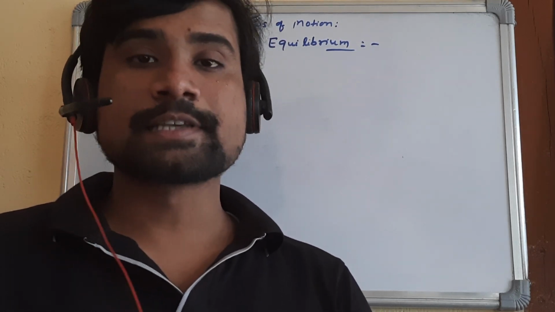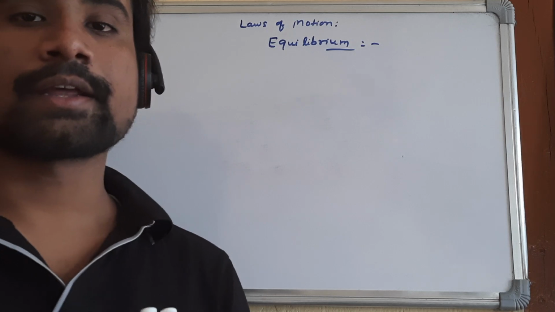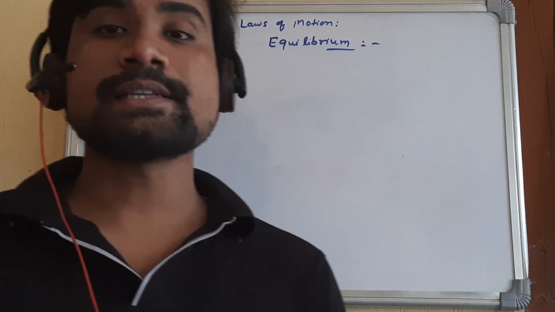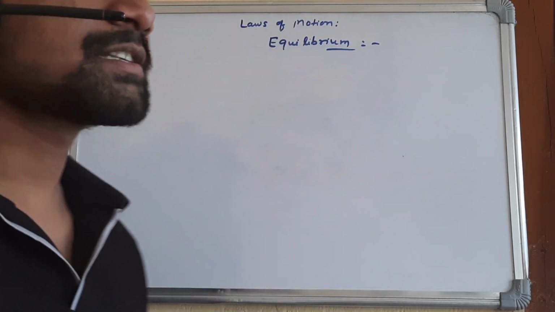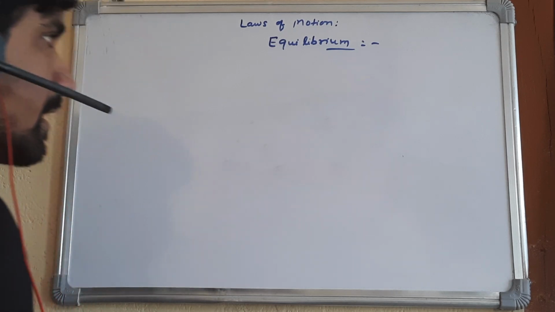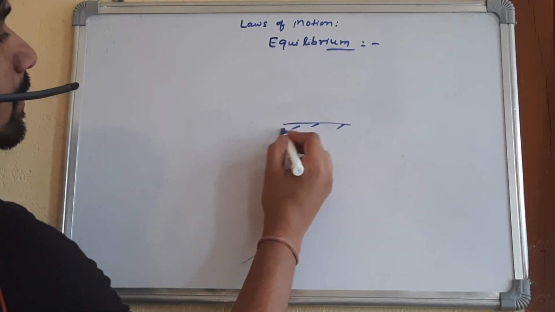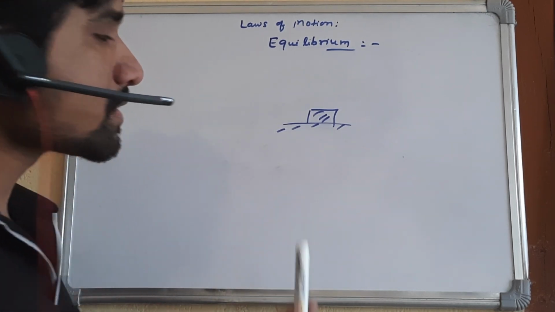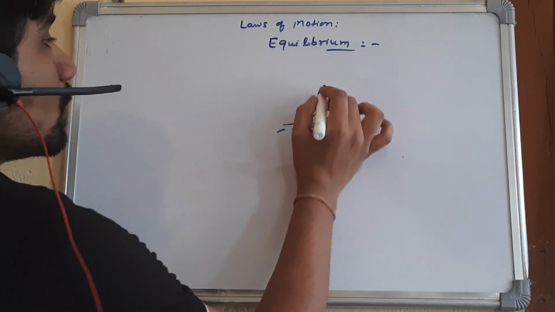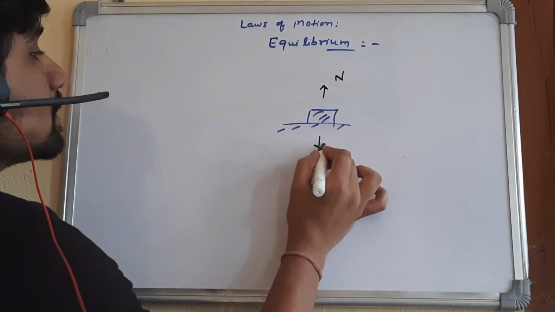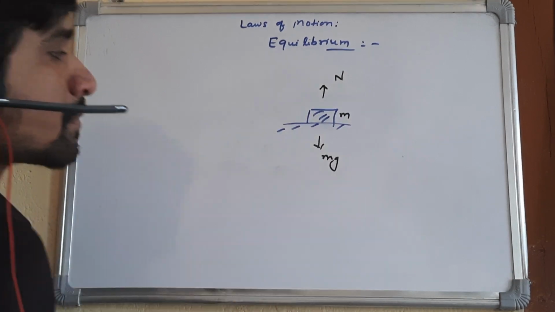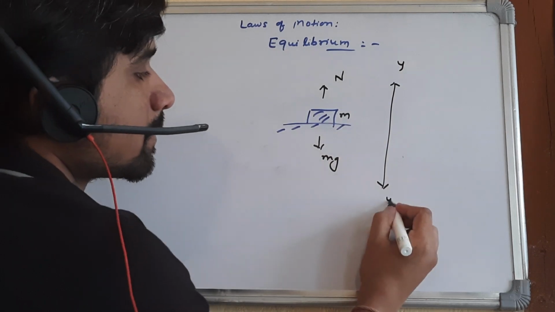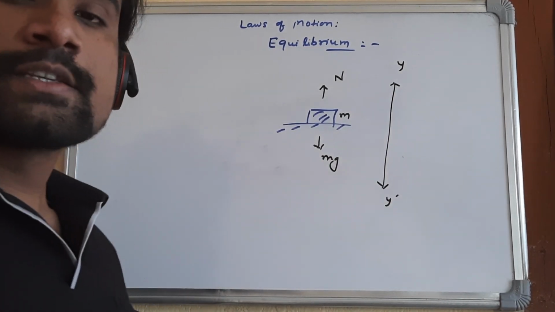So if the net sum of all the forces acting on any body is 0, we say that the body is in equilibrium, right? Let's take a very simple example. This is a surface, there is a block placed here. What are the forces on this block if I make a free body diagram? One is the normal, another is mg if the mass is m. Along this y direction, there is no movement.